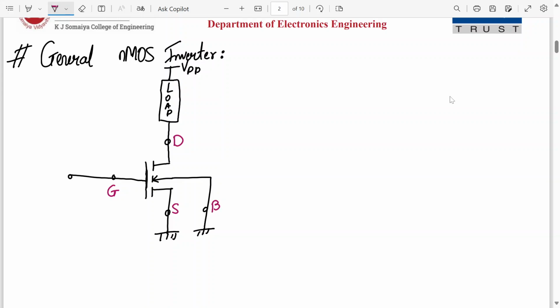And where do we apply the input? Here, between the gate and the source terminal. Okay, so all the voltages are measured with respect to the source being grounded. Where is my output? I should have an output also now. So output is measured across the drain terminal.